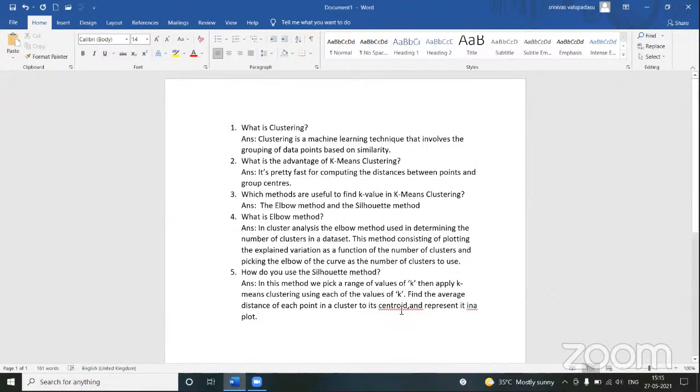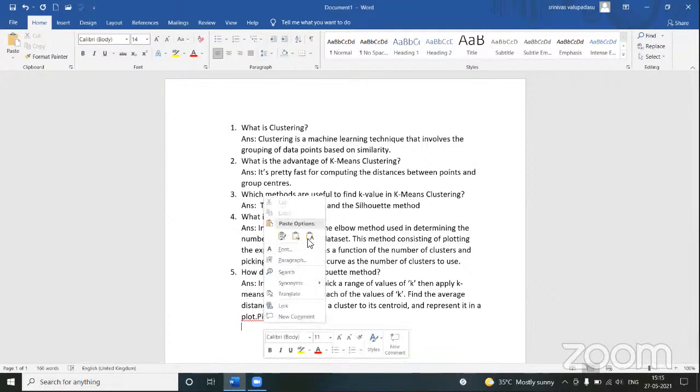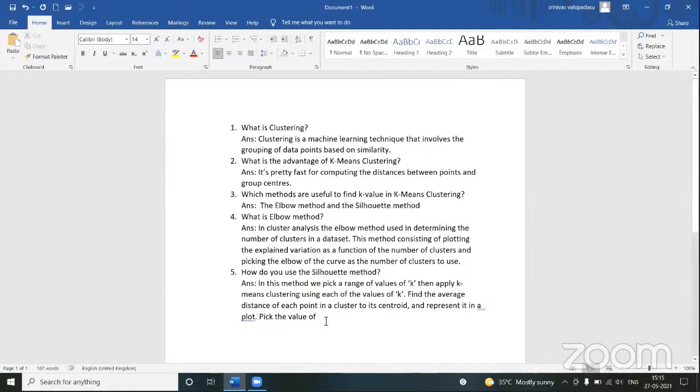Next, select the value of K where the average distance falls suddenly. So this is the method.